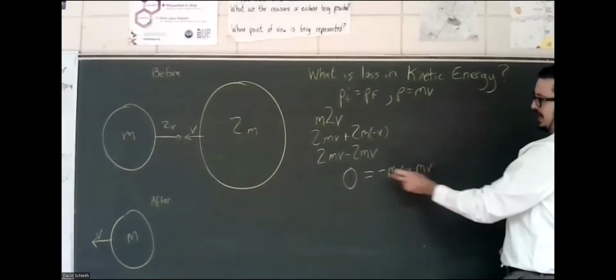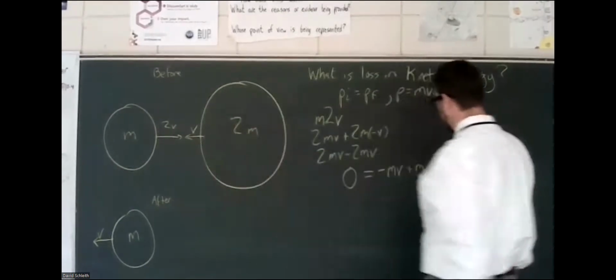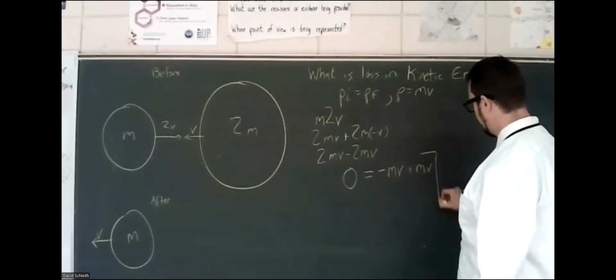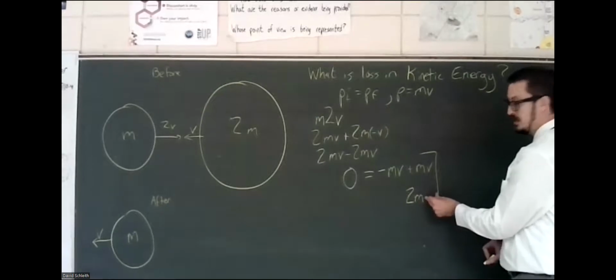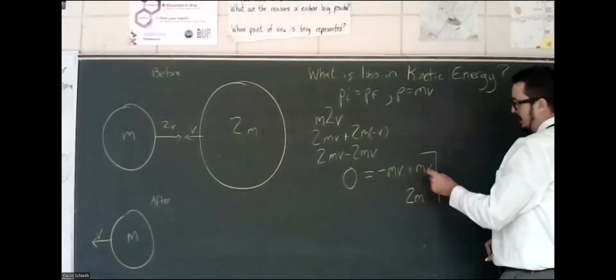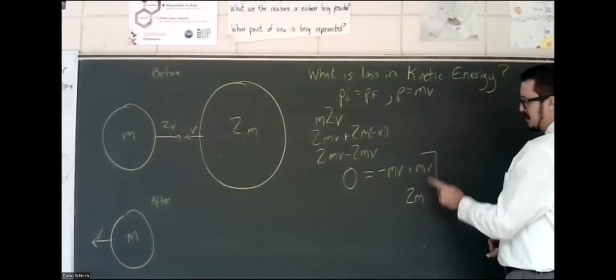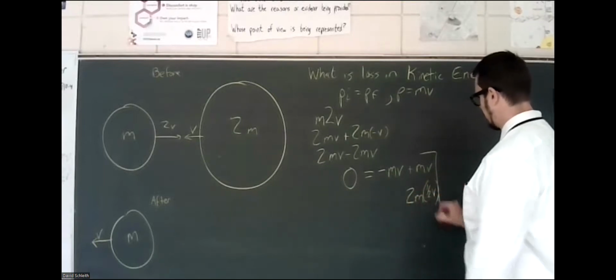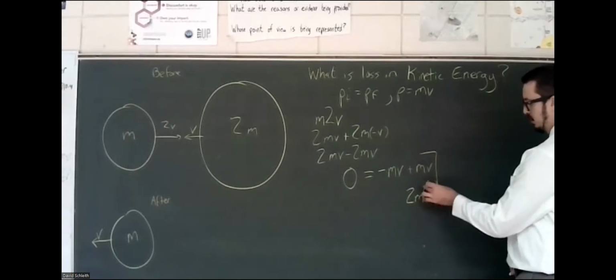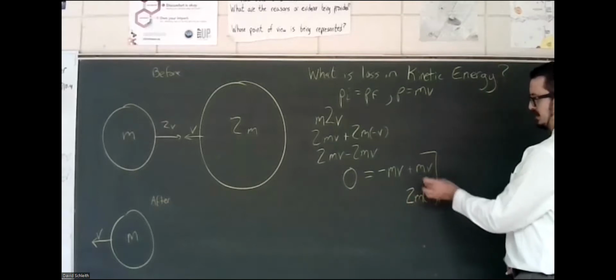We can't change the fact that it has a mass of 2m. So this mv is 2m times some velocity. What velocity does that have to be? Well, if it's twice the mass, it's going to be half the velocity. In other words, 2m times 1/2 v is mv.